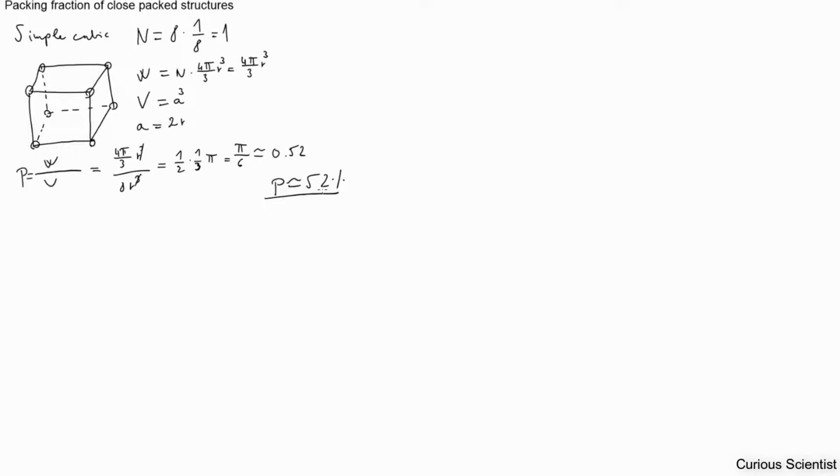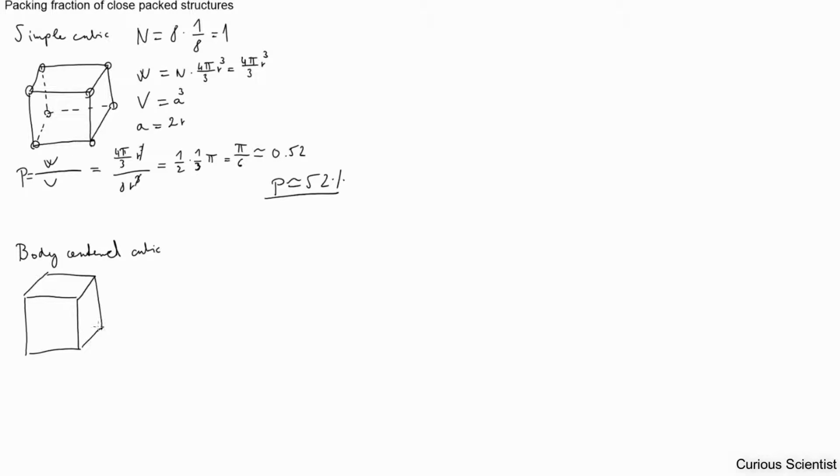So let's move on and put one atom in the unit cell in the middle. So we basically create the body-centered cubic structure. Let me draw it again. This should be a cube and not a prism.